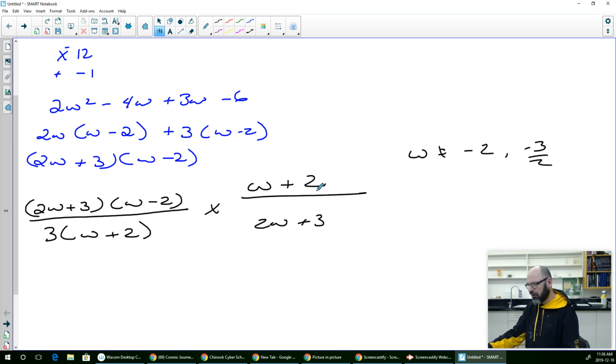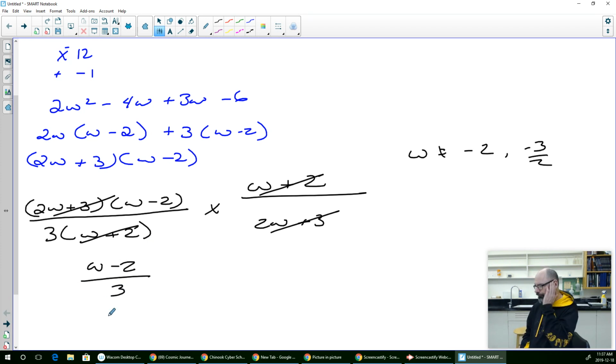Okay, so now that we've got it to this point, we just cancel this one out, and this one out, and you get w minus 2 over 3. So that's what that first one should look like.